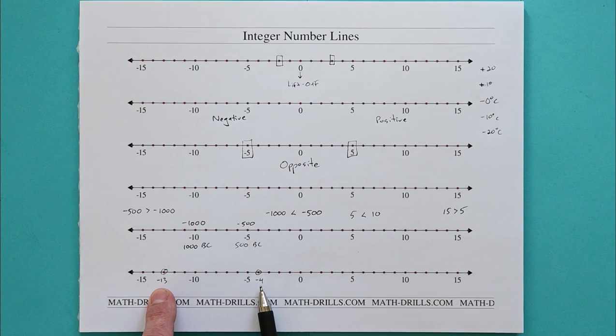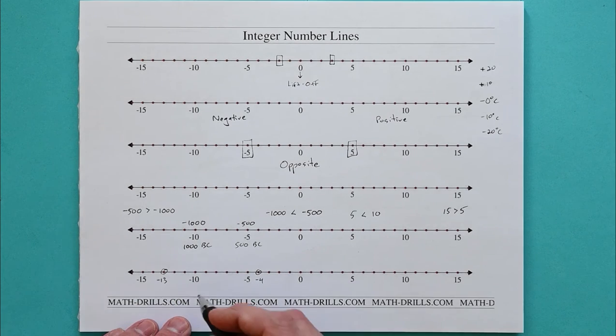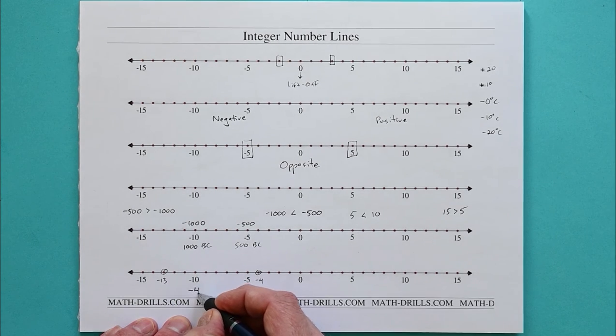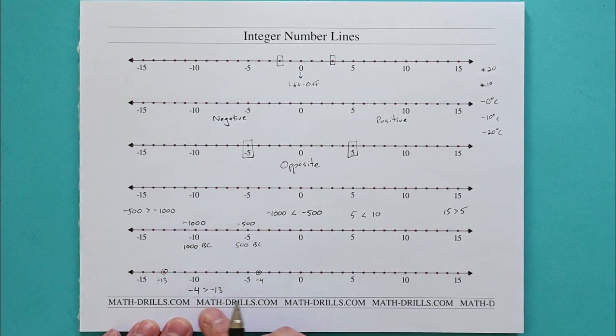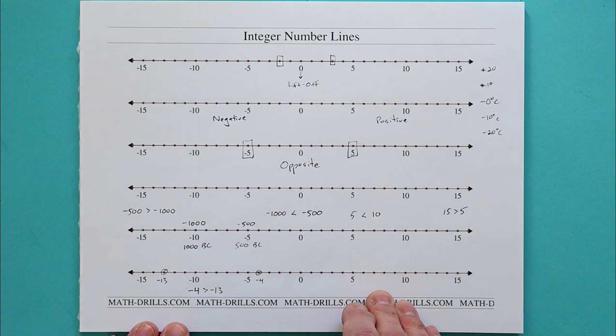And because the negative 4 is to the right, we can say the negative 4 is greater than the negative 13. Even though at first that can seem a little bit counterintuitive, but that is true. So anything that lies to the right of something else is greater than. Anything that lies to the left of something else is less than.